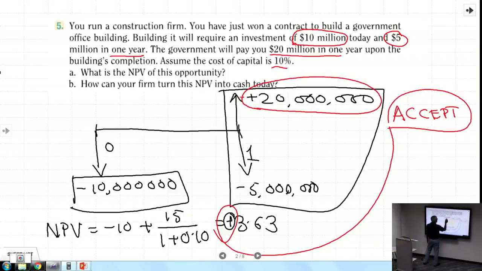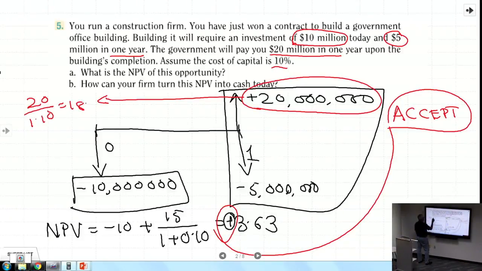The present value of this is 20 divided by 1.1, which is 18.18. So if you borrow 18.18 with an interest rate of 10%, then a year from now, your loan will mature to 20 million, which you will pay off using that loan. And that will leave you with the same net.